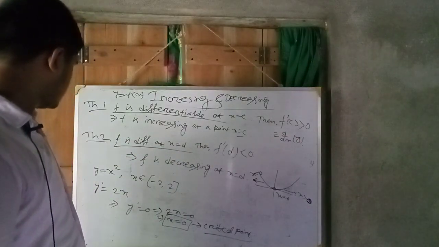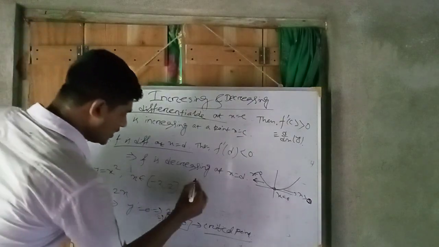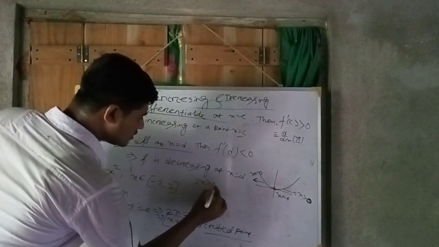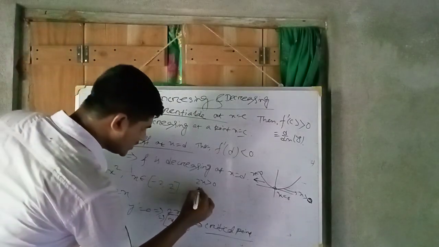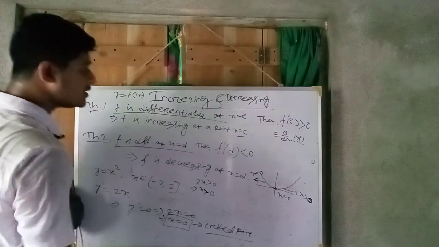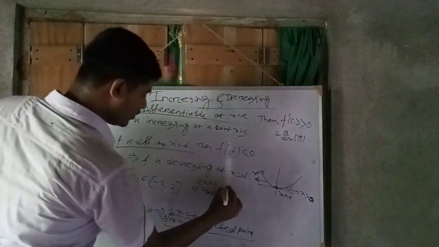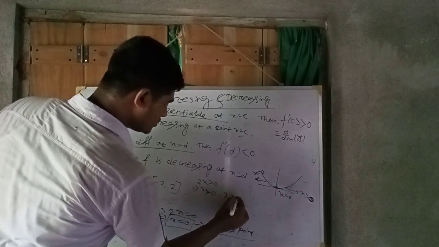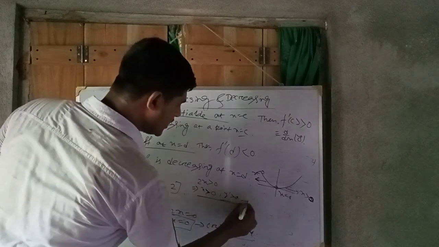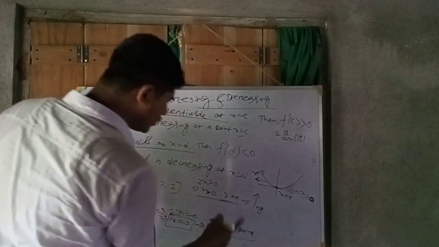Okay, so when y dash is greater than 0, that is 2x is greater than 0, but 2 is also greater than 0, that is x is greater than 0. So x is greater than 0, so y dash is greater than 0 actually. In this situation f is increasing. This is the increasing sign. Okay, so look at this.